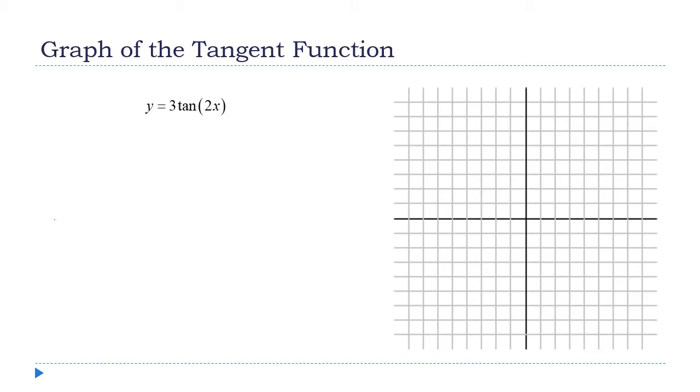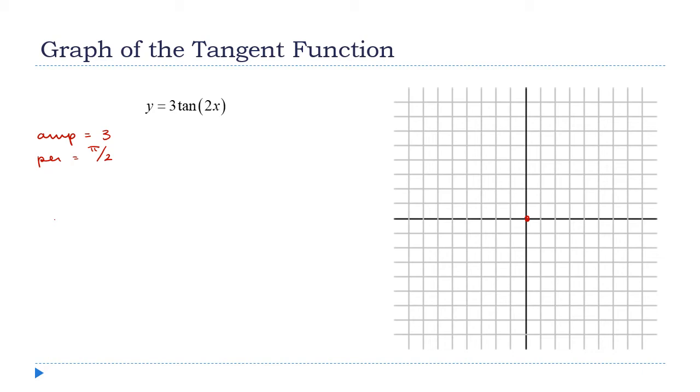So here, the amplitude will be 3, and the period will be pi divided by 2. Okay, so what's that mean? Well, there's no phase shift here. So the first x-intercept stays at 0.